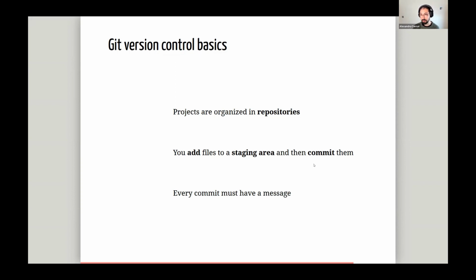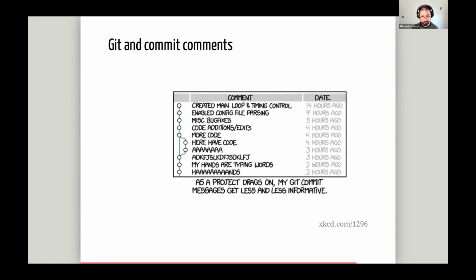For example, you say, I created a new script, or I created a new model that does this. And then after you commit, Git will remember that point in time. So it will know all the code before and until that point. And if you want to travel to any point before, it's easy to do that with Git. It keeps track of all the changes that have happened every time you did a commit.